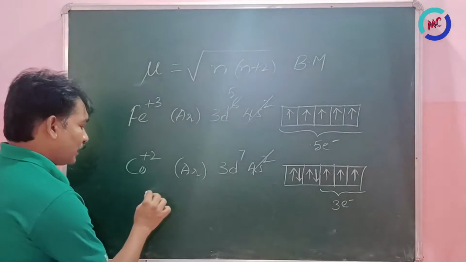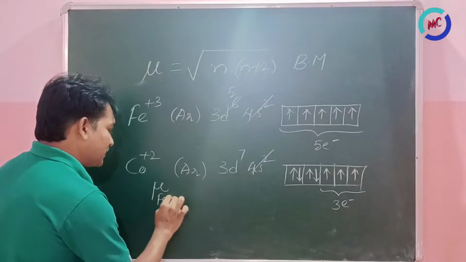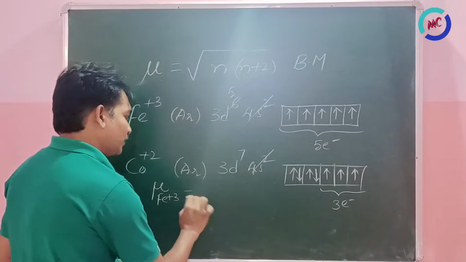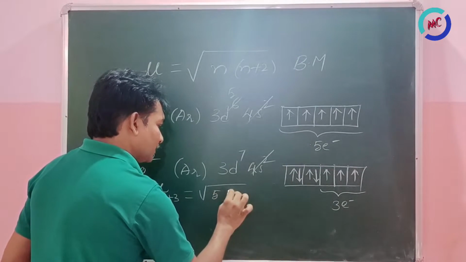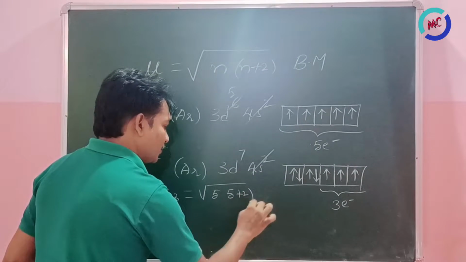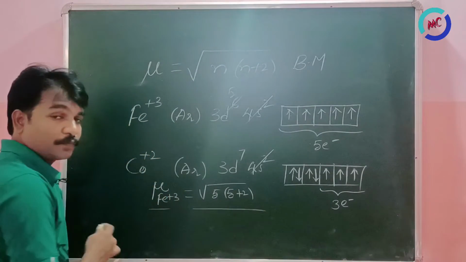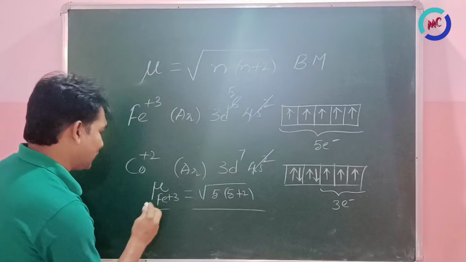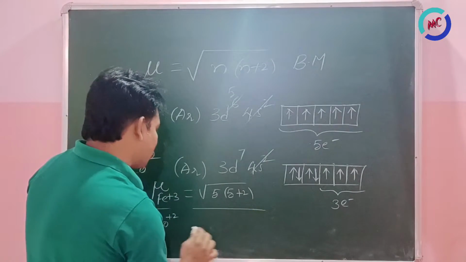Now, the magnetic moment of Fe plus 3 is equal to root of, what is the n value? 5 into 5 plus 2, by, we are finding ratio, that's why I am writing like this. Cobalt plus 2, how many unpaired electrons are there?